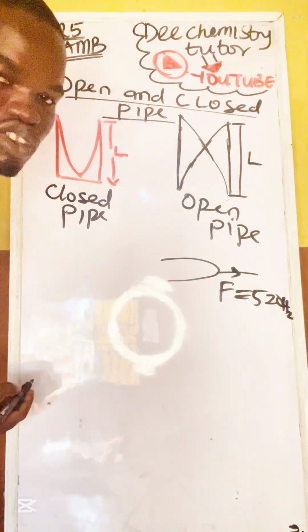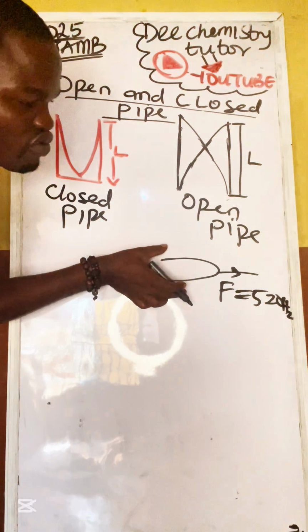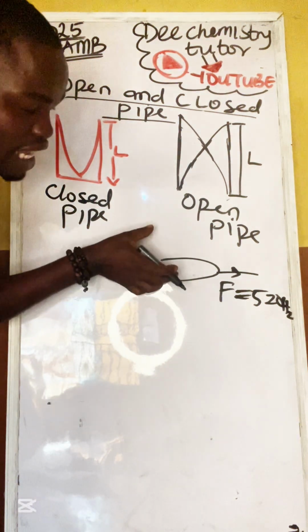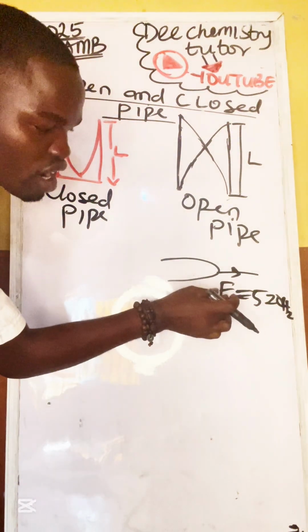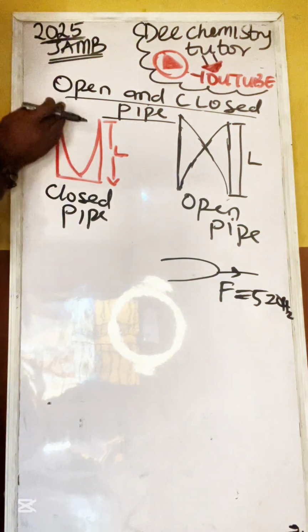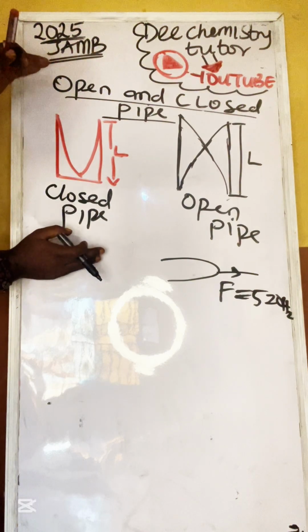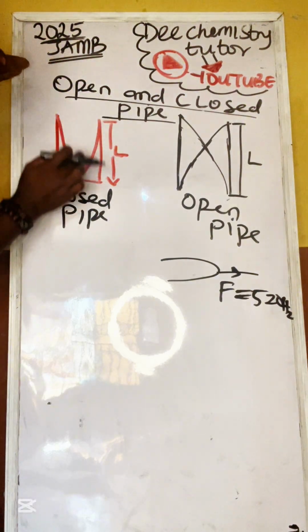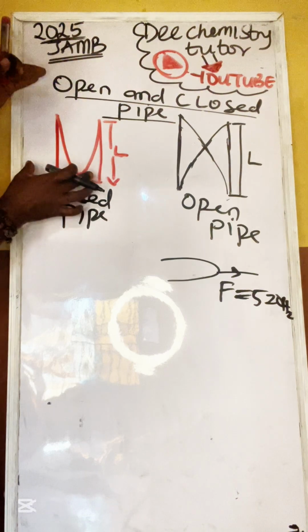Don't forget, hertz is the unit of frequency. If this tuning fork with a specific frequency is made to resonate at this level, it can produce a progressive wave inside this pipe.